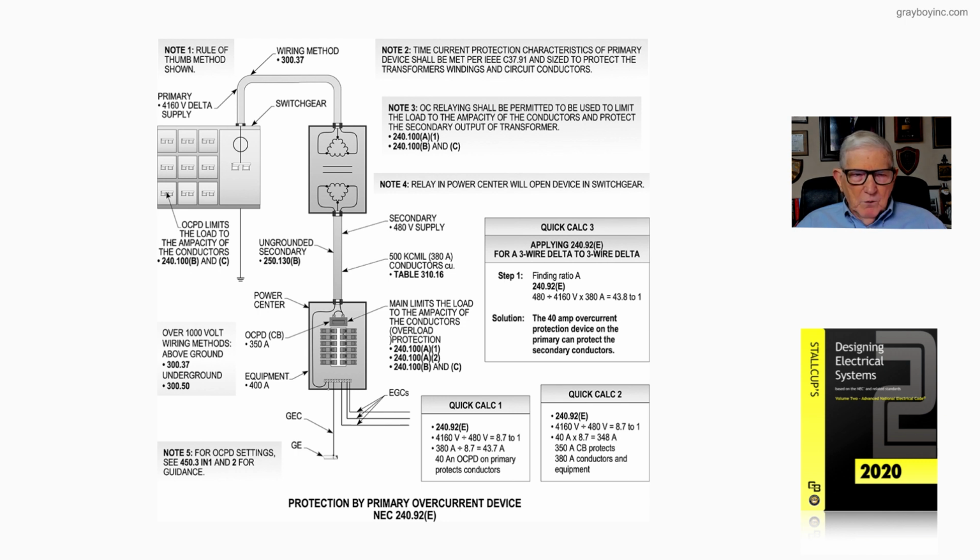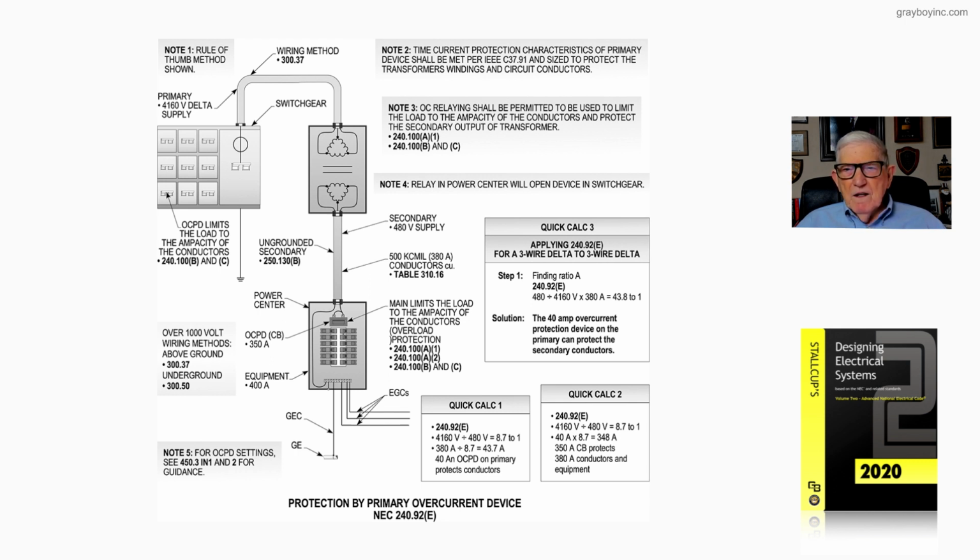Now, we pick that information up, and when we look at the calculation, let's look at Quick Calc 1 in the illustration, and notice we're applying 240.92(E). We take 4160 divided by 480, and that's an 8.7 to 1 ratio. If we took 8.7 and divided it into 380, we come up with 43.7, and that would round down to a 40 amp overcurrent protection device that we would use.